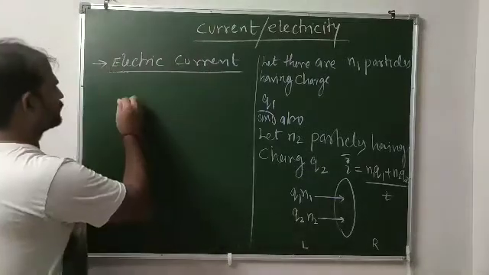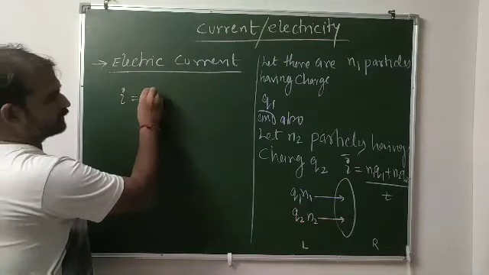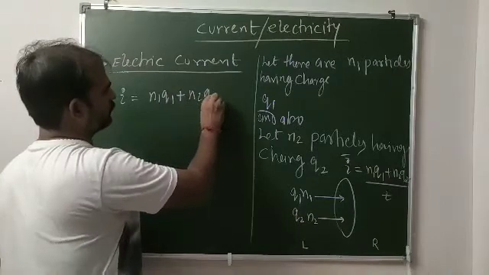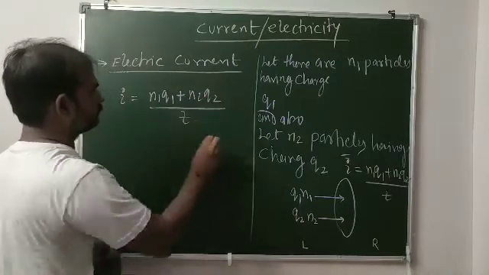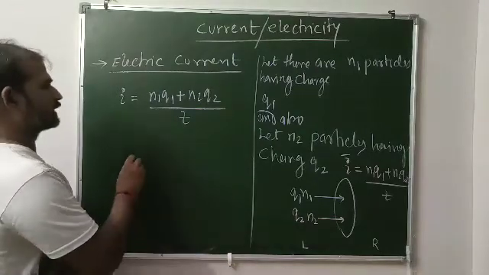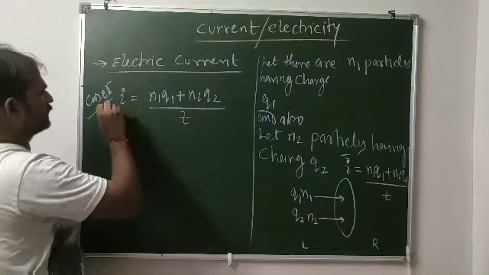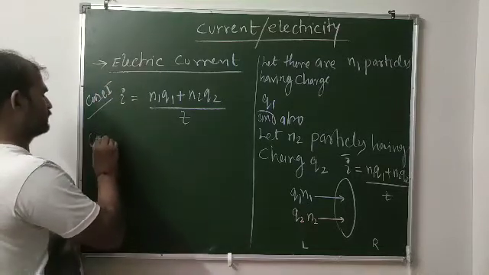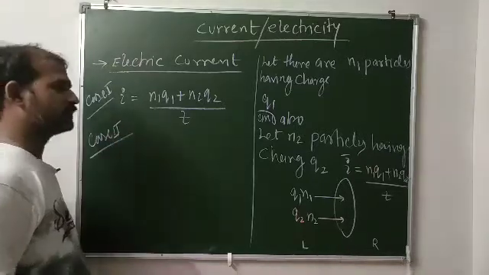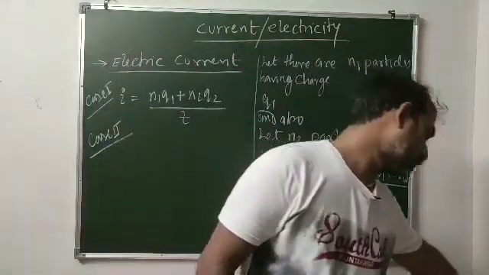So students, this N1 Q1 plus N2 Q2 upon t. Students, take another case. This is case first. Now take another case, case 2. Actually this formula I will use for elaborating the numerical problems.